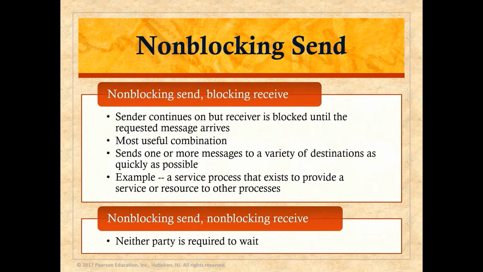Alright, let's see the situation for non-blocking send. Okay, so non-blocking send and blocking receive. The sender continues, but the receiver is blocked until the requested message arrives. It's considered the most useful combination because normally we are waiting for the message to arrive so that the receiver can get the message.